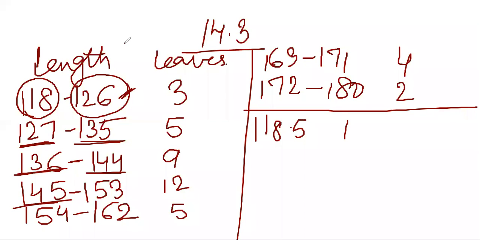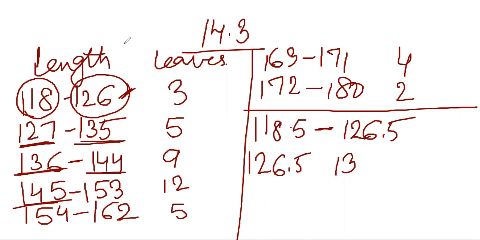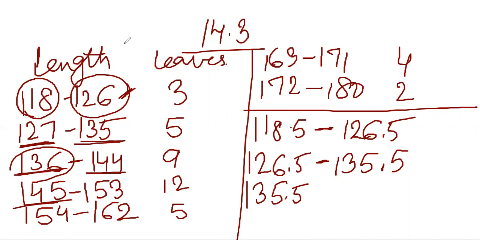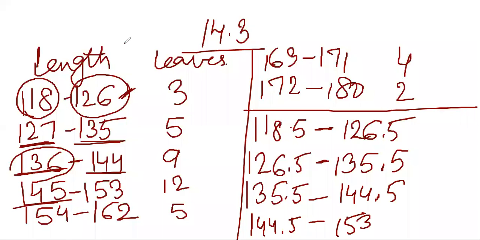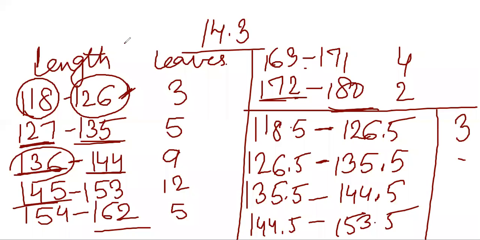118.5 to 126.5, then next 126.5 to 135.5. Then in the next, from 136 subtract 0.5 to get 135.5, and next is 144.5. Then next 144.5 to 153.5, and so on like this: 153.5 to 162.5, 162.5 to 171.5, and last 171.5 to 180.5, and the frequency will remain the same.